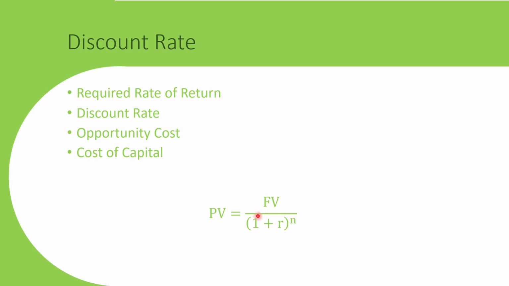Some people might call it the opportunity cost of capital, the cost of capital, the opportunity cost, the discount rate, the required rate of return. And depending on the scenario, you might be tempted to use one phrase for it over the other. In particular, we're going to focus on both of these, the opportunity cost of capital and the cost of capital explanations for this, because I think they give a good intuition as to how we can choose this discount rate R. Because in previous videos we just took it as a given.